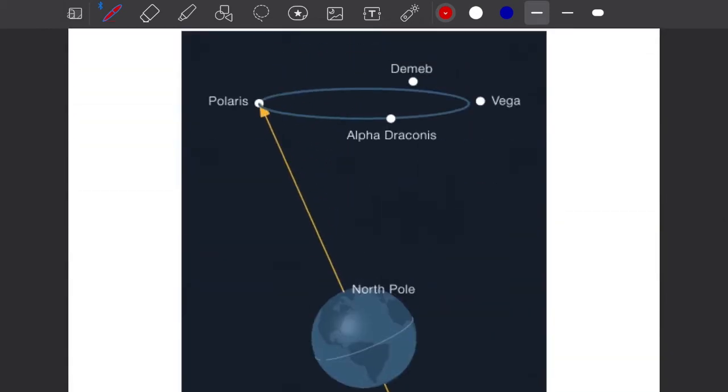Currently our Earth is pointing towards the Polaris star, but some 13,000 years back, why am I using 13,000 years? Because the whole cycle is 26,000 years long. So from Polaris to Vega and again to Polaris will take 26,000 years.